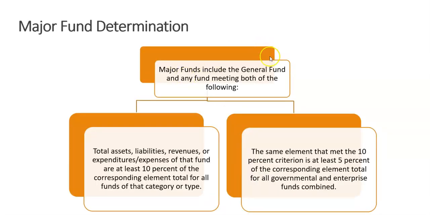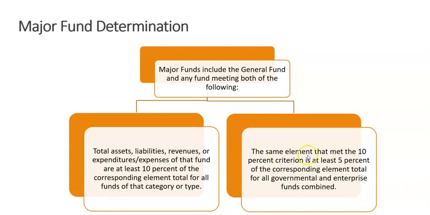Okay, so what determines whether it's a major fund or a minor fund is really the size of the fund. The total assets, liabilities, revenues, or expenditures of that fund are at least 10% of all funds. So if the total of all of my funds combined is $10,000, then if any portion of a fund is 10% or more of that $10,000, it's considered a major fund.